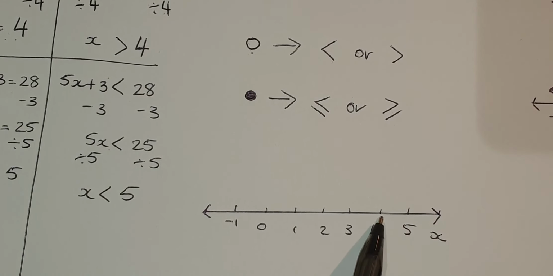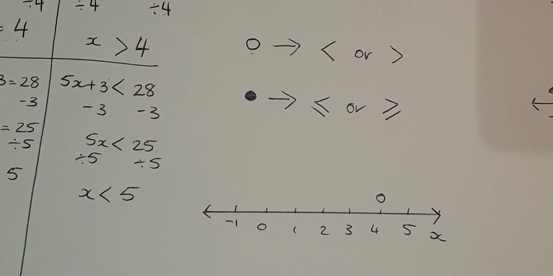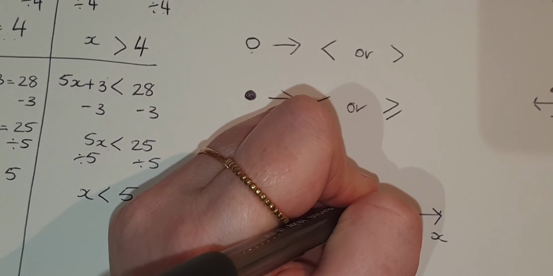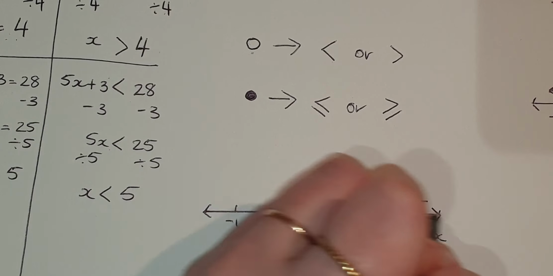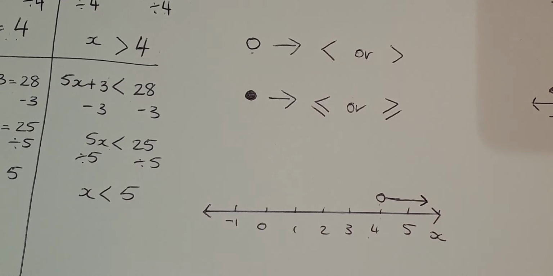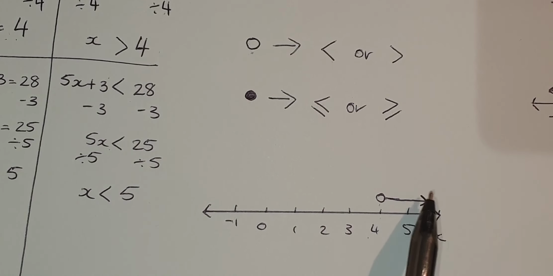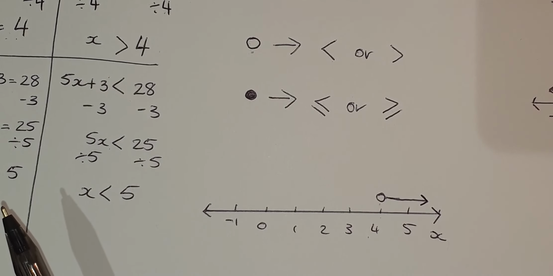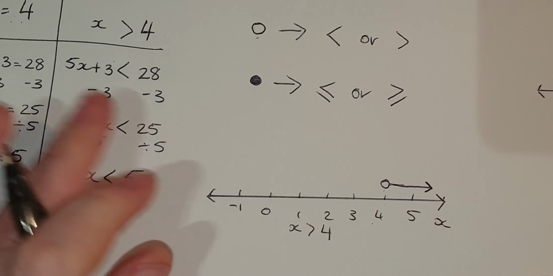We put our open dot above 4 because x is greater than. Draw our arrow up here, going to the right, so going up the number line. You need to remember to put an arrowhead on the end of your line because x could be any value past this number line, so going off the line that we have currently. So this is x is greater than 4.